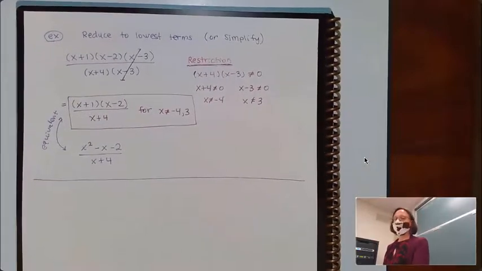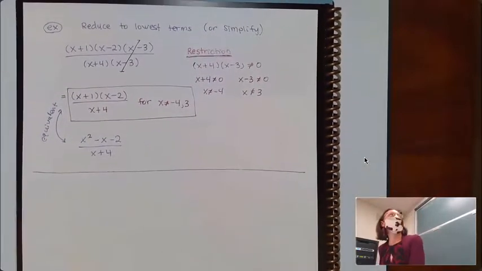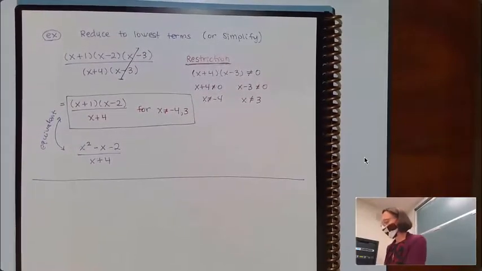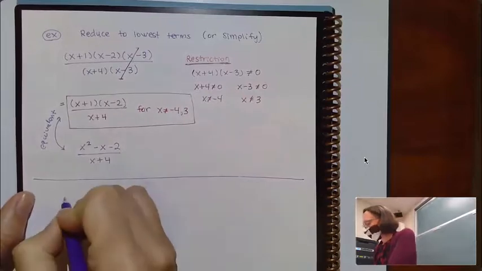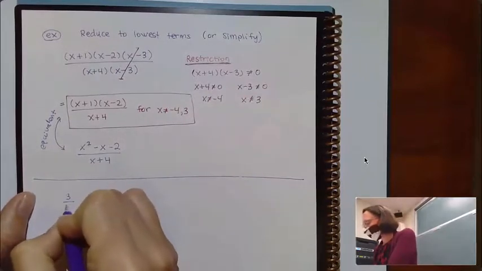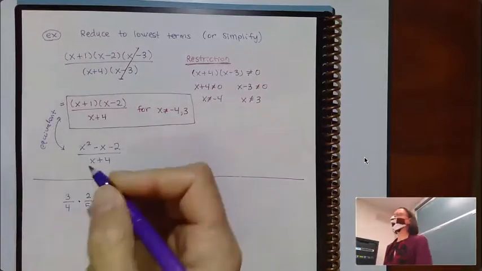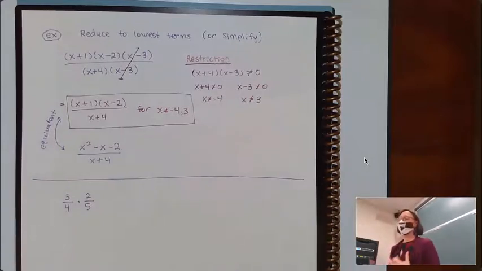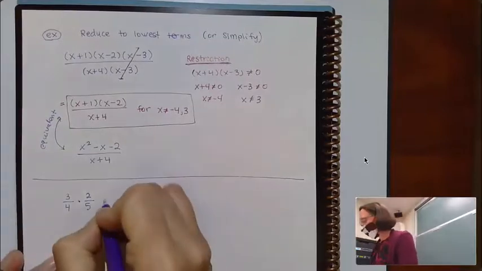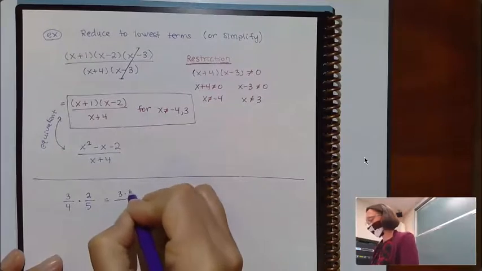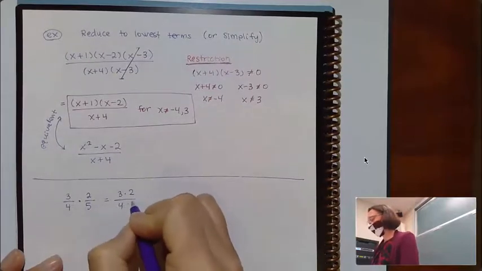Once upon a time, back at the beginning of the quarter, I think we talked about this a little bit with numbers, but let's revisit it. So if I had 3/4 times 2/5, because everything's being multiplied together here, I can think about that as one big fraction with a 3 times 2 on the top and a 4 times 5 on the bottom.